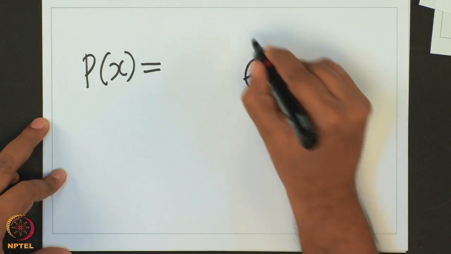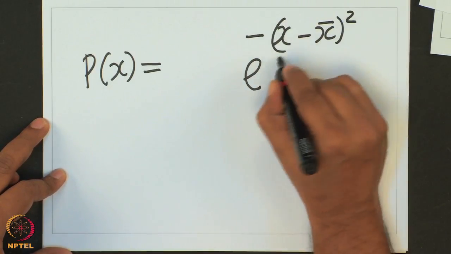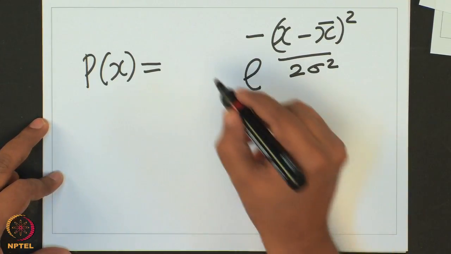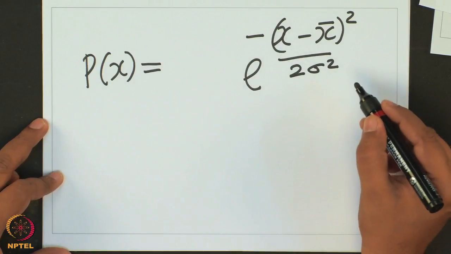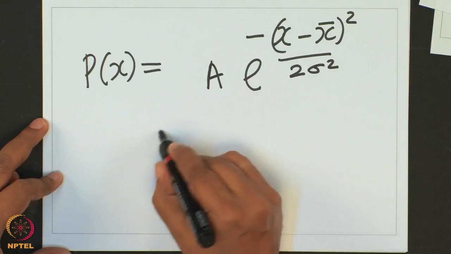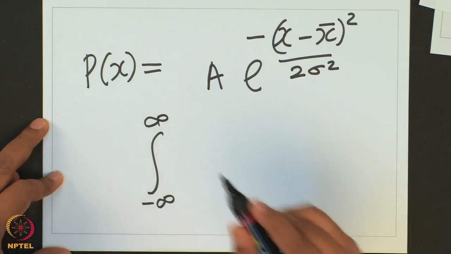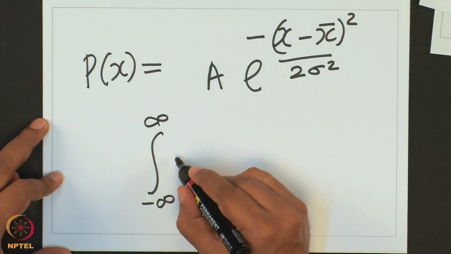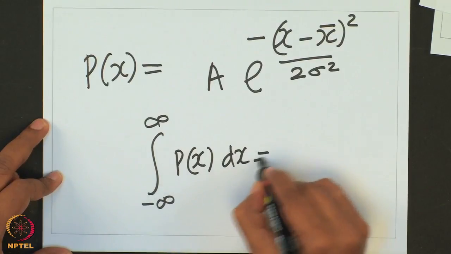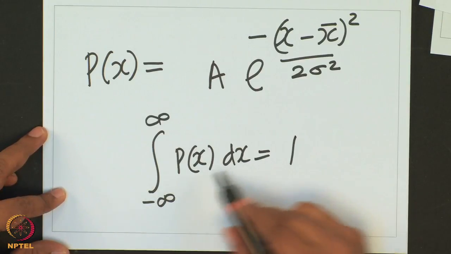So, this is an exponential function, minus x minus x bar whole square by 2 sigma square, and this a value would be determined by this integral as we wrote. We would choose an a value such that the integral of p of x dx is 1. So, we would choose an a value which satisfies this condition.